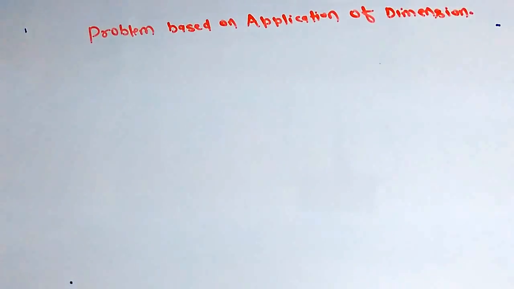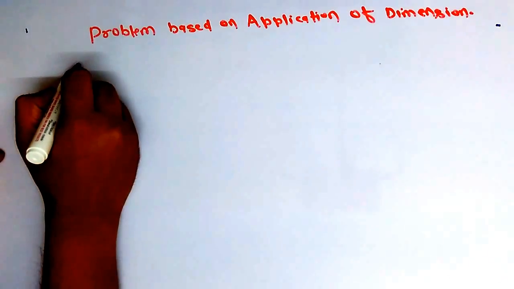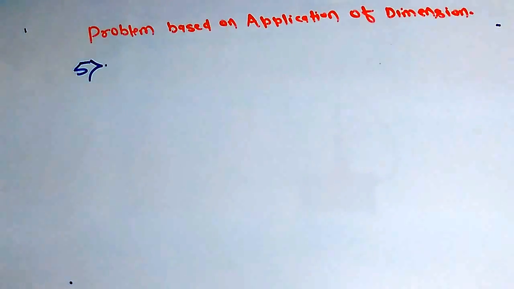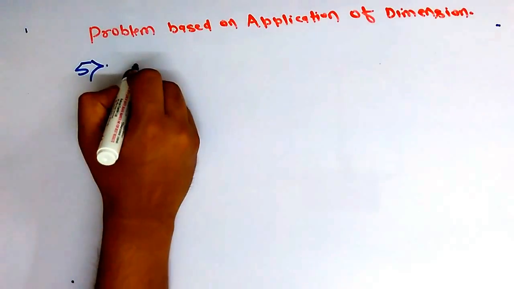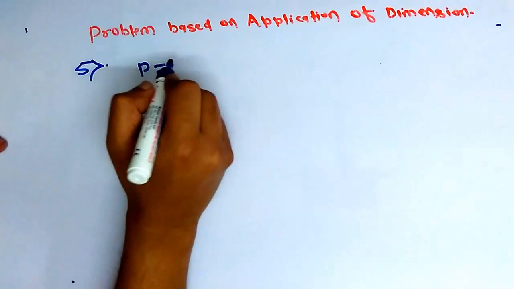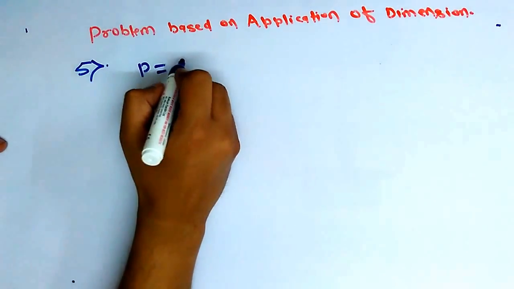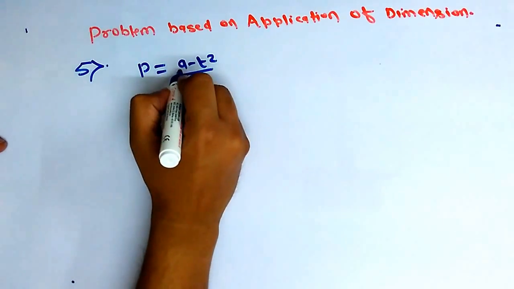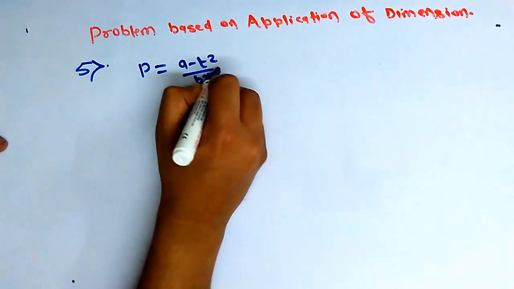This was problem number 4, and this is problem number 5. So what is this? Suppose it is given that you have a linear momentum, given like this: a minus t square upon bx.